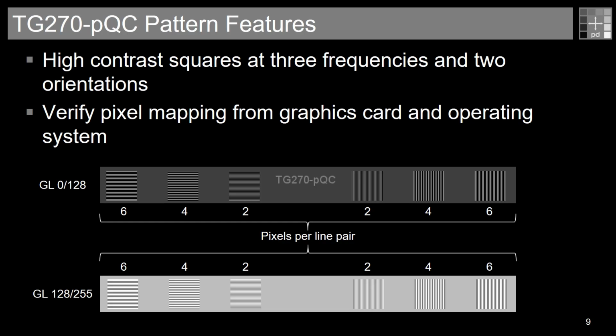The frequencies of the boxes are displayed here at 2, 4, and 6 pixels per line pair. This region of the pattern can be used to verify pixel mapping from your graphics card and operating system. If you display at a non-native resolution for the display, you'll have an interference pattern and you won't have distinct, bright, dark lines along the top and bottom of the pattern.